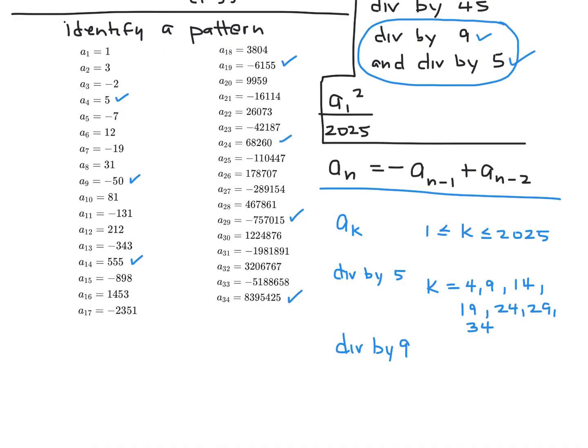Okay, 9 is not as obvious. So let's see here. 9. Probably have to use your calculator, but this one, well, that's an easy one. That's 9 times 9. This one is divisible by 9. 26073.